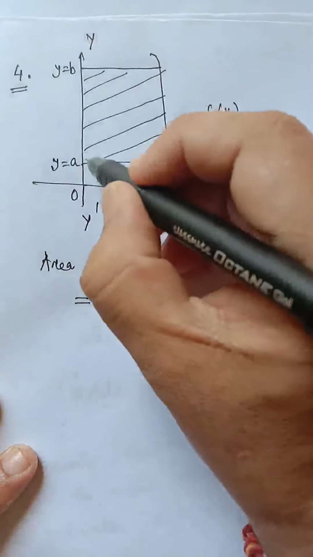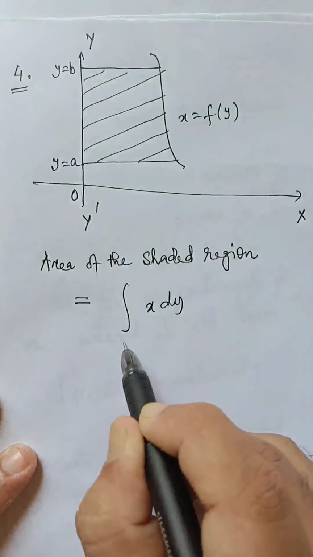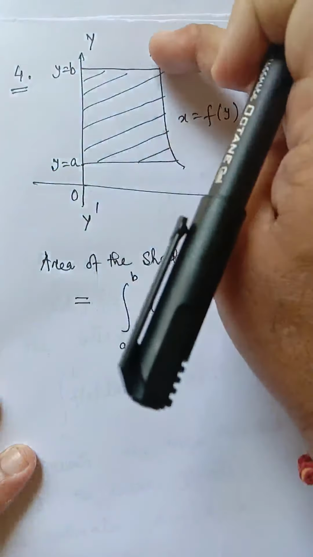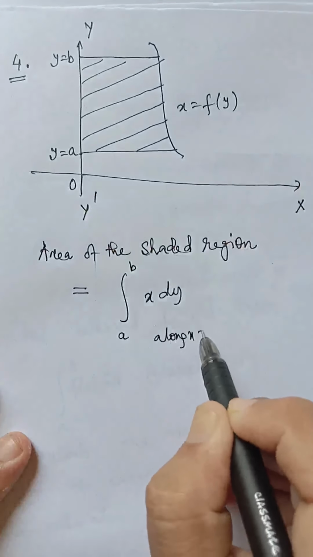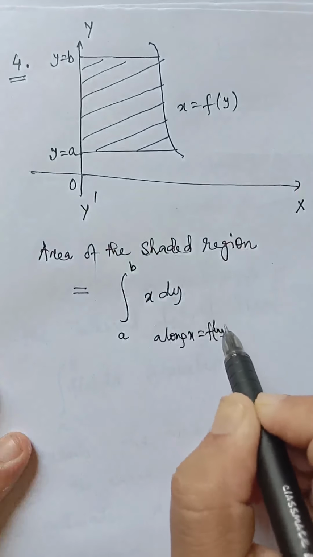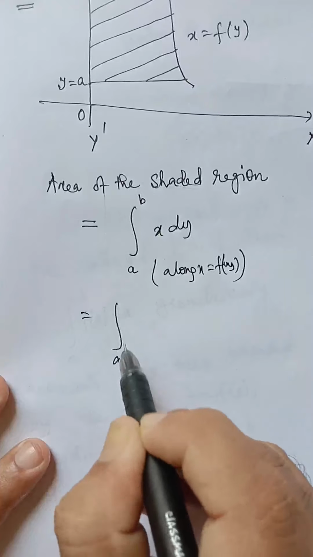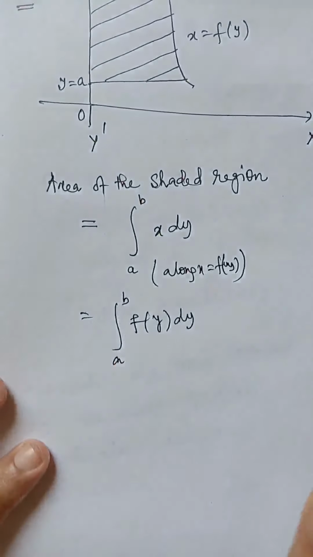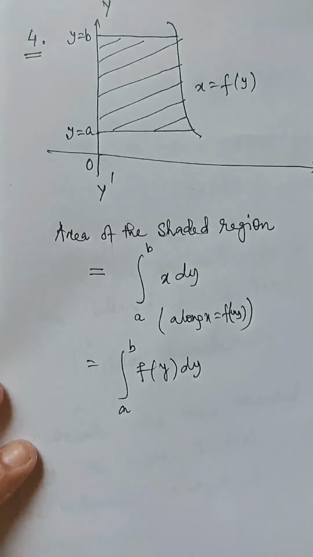On the y-axis, the region varies from y equal to a to y equal to b, so you have to write a and b. And x you have to replace from the boundary along x equal to f(y). So we put x equal to f(y) here. It will be integral a to b f(y) dy. So this is the area of this particular region.